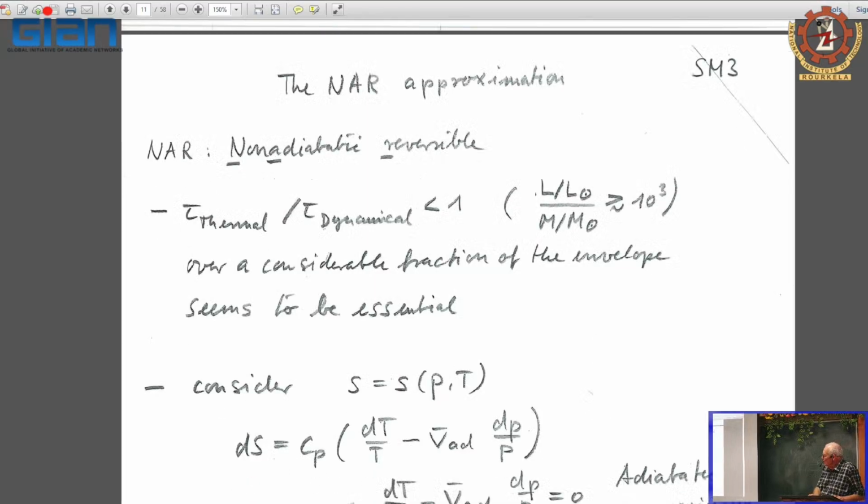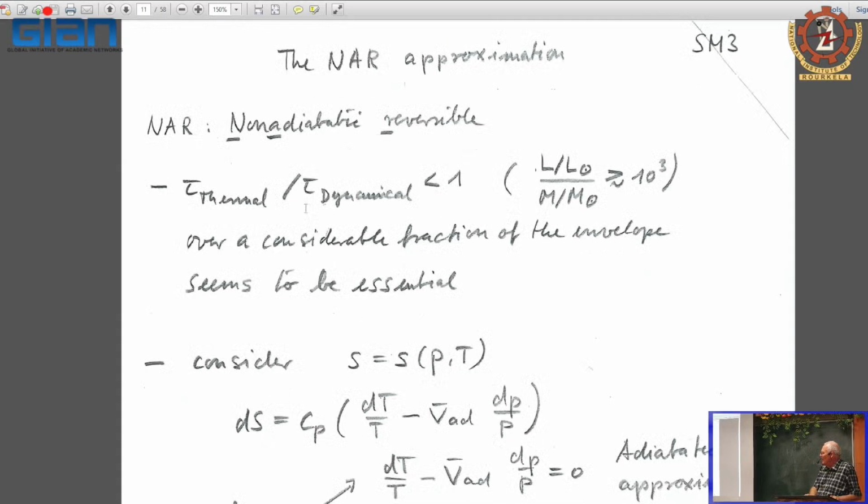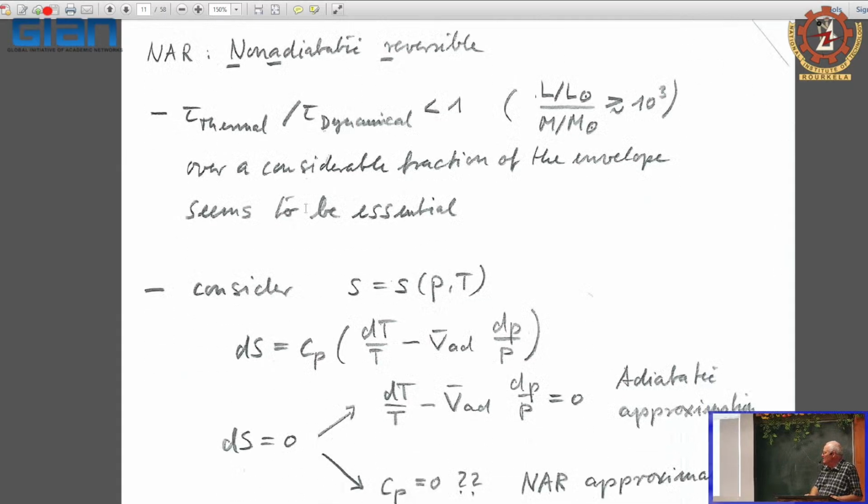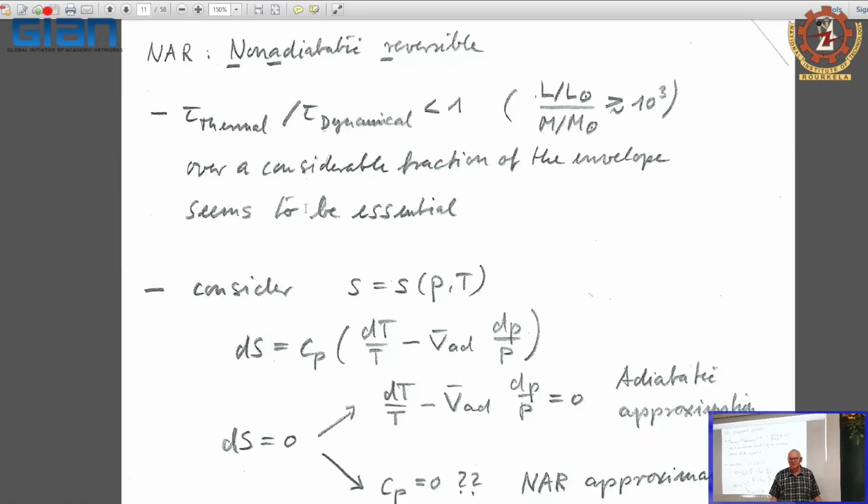Okay, to discuss this NAR approximation, we consider the entropy. We have to do some thermodynamics. We consider the entropy as a function of pressure and temperature, so we take pressure and temperature as the thermodynamic basis.